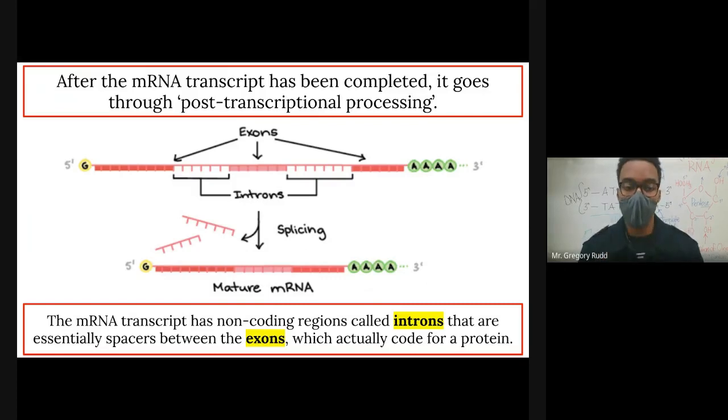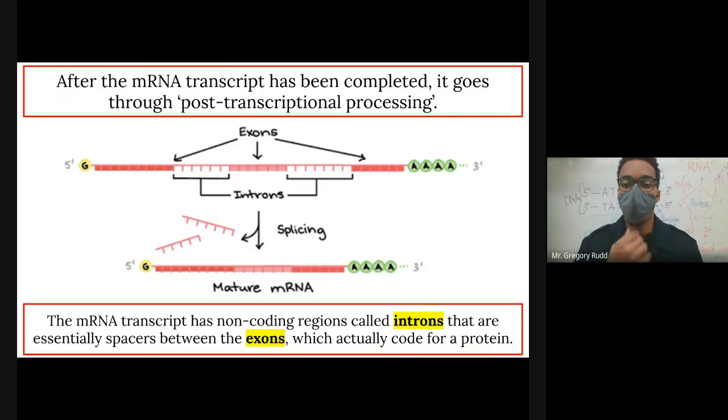From what we understand now, the introns are basically just spacers. They don't code for anything. And so in this process of post-transcriptional processing, those introns will get cut out of the transcript in a process that's called splicing. It's a fun word to say.